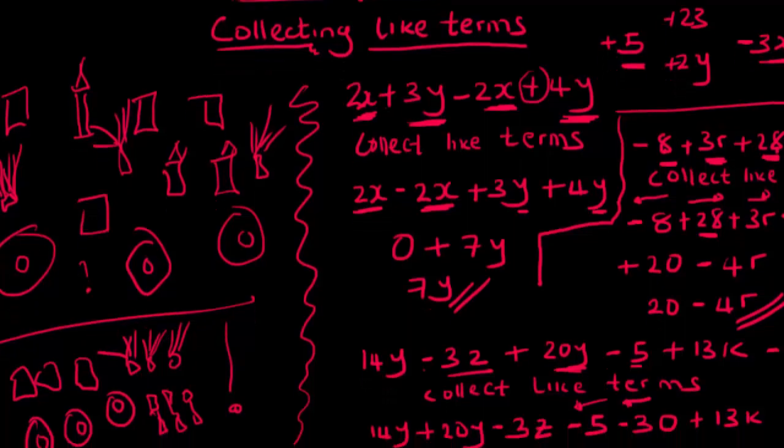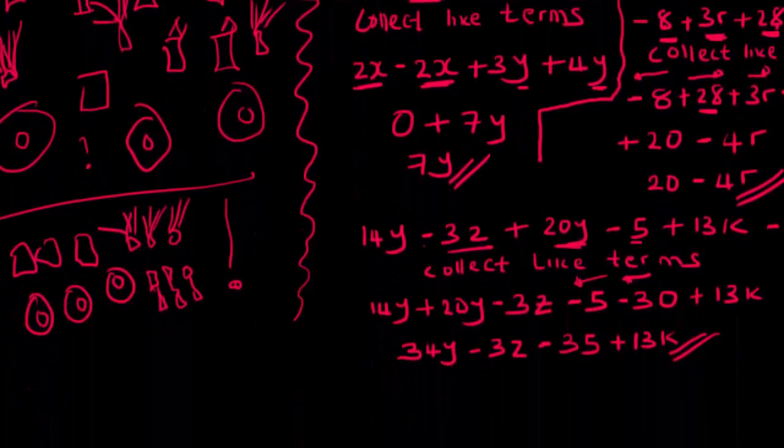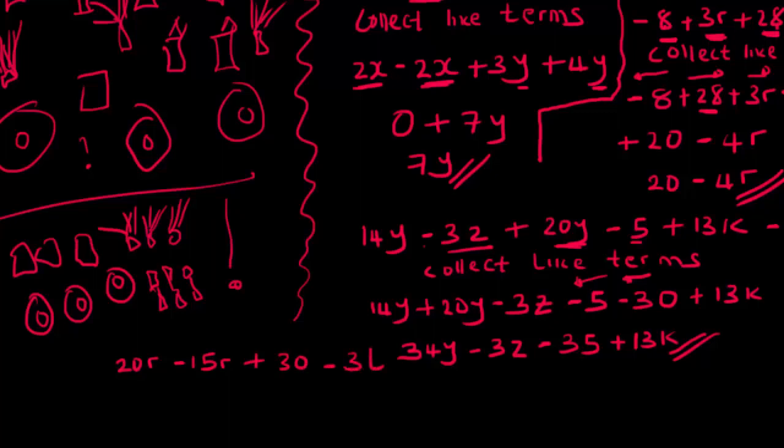Now let's look at another example, and then we are going to take a quiz. Now for example, if I have, let me do it somewhere here, 20r minus 15r plus 30 minus 3l. Now let's collect like terms.